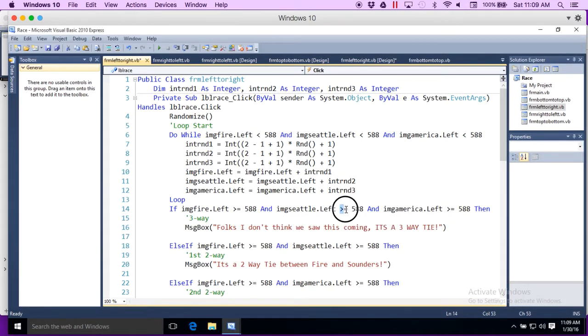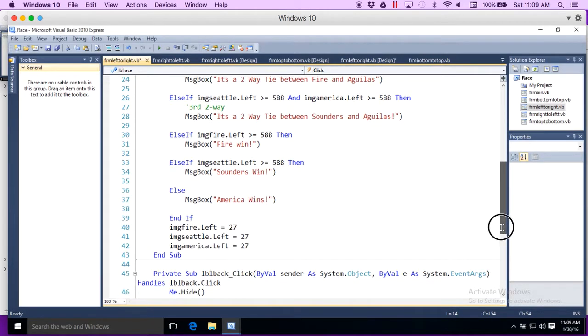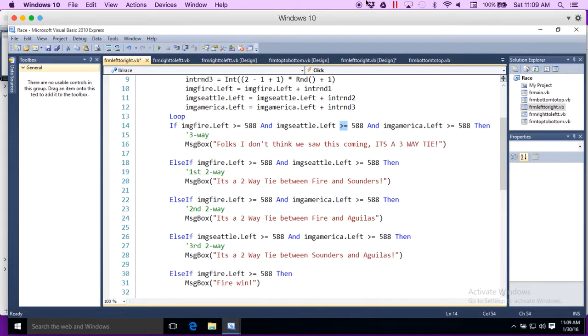These are greater than or equal to's in your if statement, but they're completely opposite of the right to left race. There's the same 7 arguments, the 3-way ties, the 2-way ties, 2-way ties, 2-way ties, and the winners, and then putting them back to the starting position. And that is that race, the left to right race. Good luck.